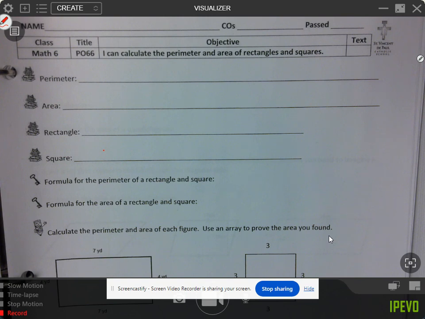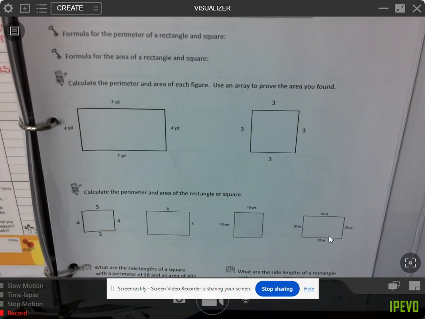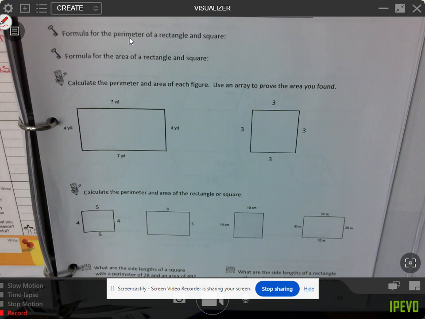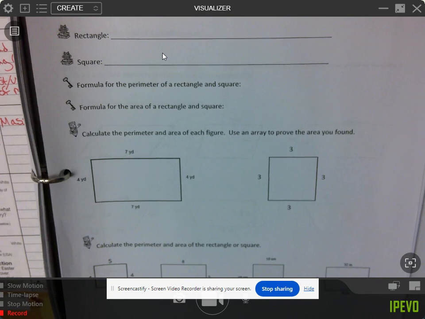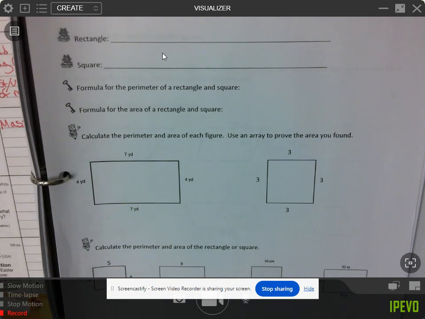So now we're coming to our formulas. So the formula for the perimeter would be length plus length, plus width plus width.